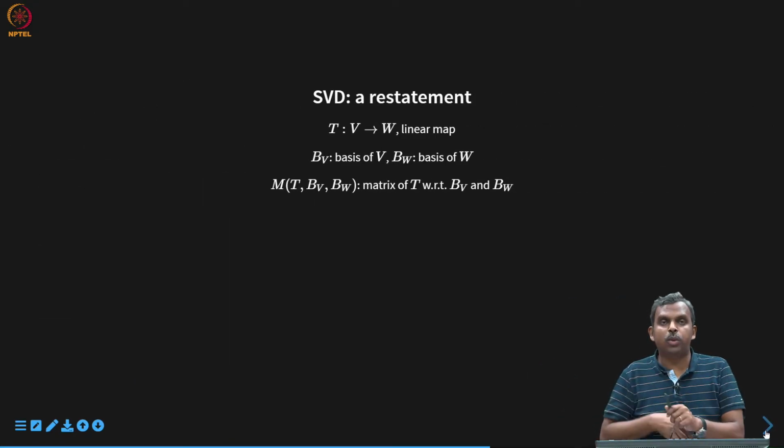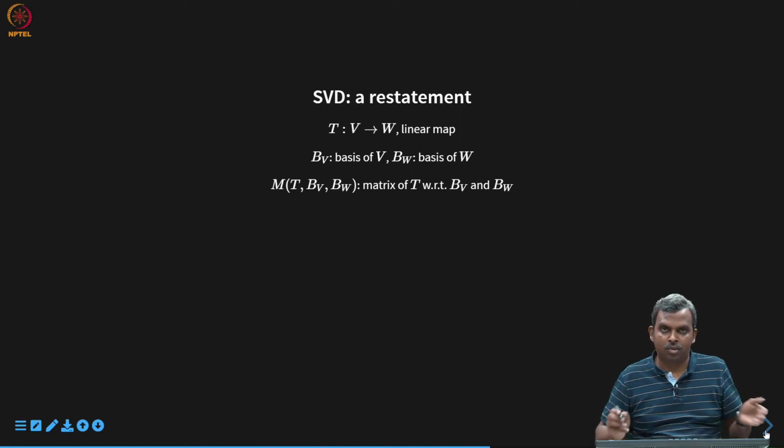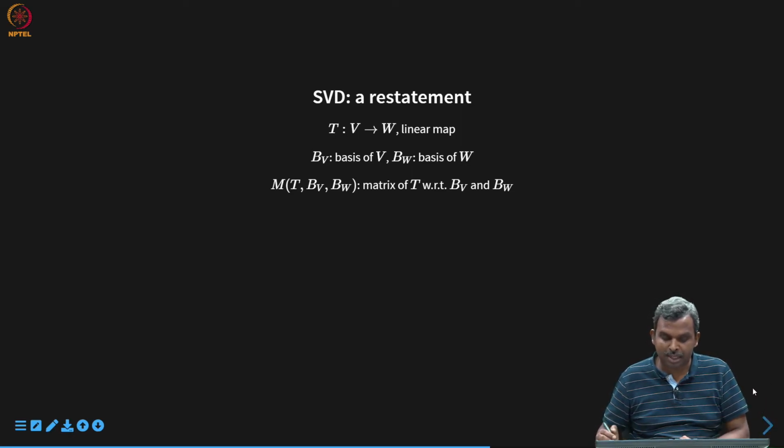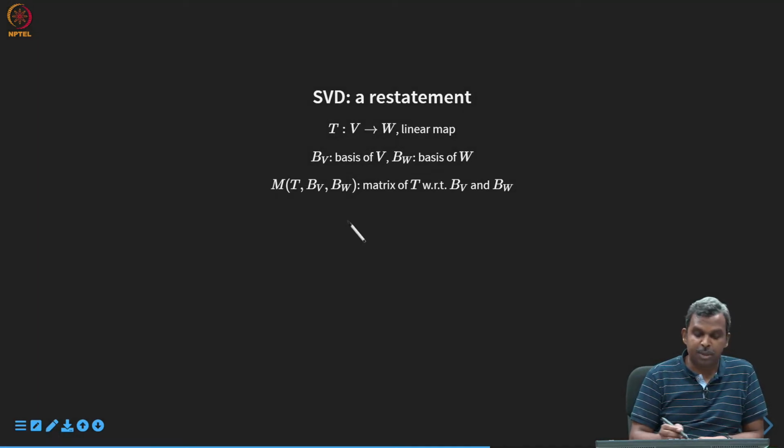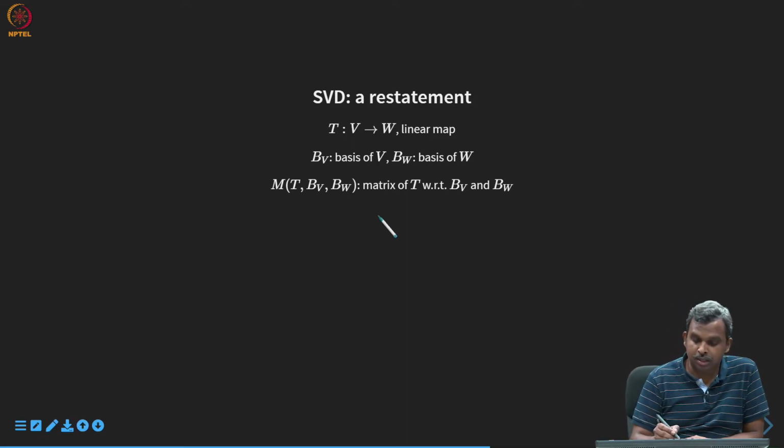Now we'll do a restatement in terms of operators. We saw the example before, and it's motivated by that. Let's say you have T from V to W being a linear map, then you have a basis for V, a basis for W, and you can think of a matrix for T in this basis. So what is the matrix of T in this basis? How will you write it?